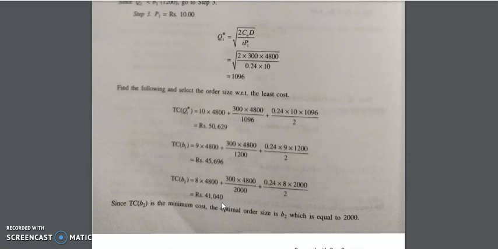Only when the ordering cost is less and you order in bulk, 2000 or more, does your cost come down. So the minimum cost is TCB2, where the quantity equals 2000 items. When the ordering cost is coming down, you are able to order the full quantity of more than 2000 and reap the benefit of 8 rupees. But when the ordering cost increases, then you need to consider the other price breaks. So this is about the quantity discount.